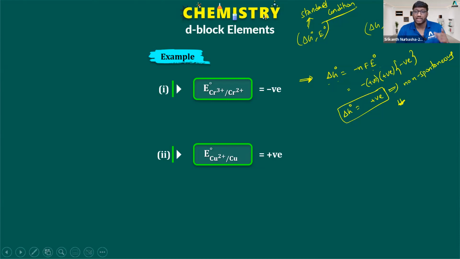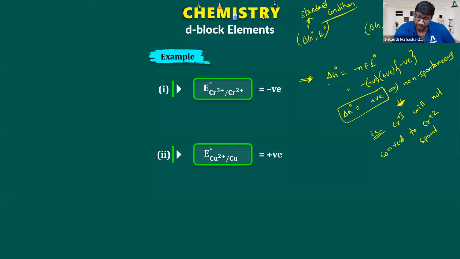That means chromium in the +3 state to the +2 state is not undergoing change spontaneously. That is, Cr+3 will not convert to Cr+2 spontaneously. Why?